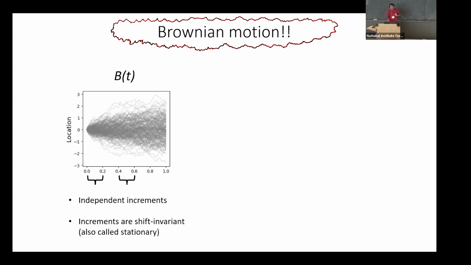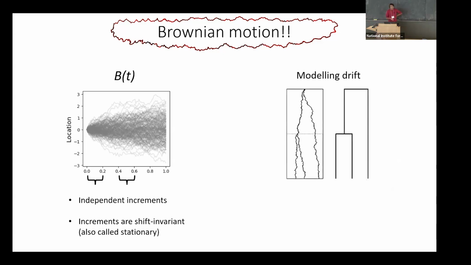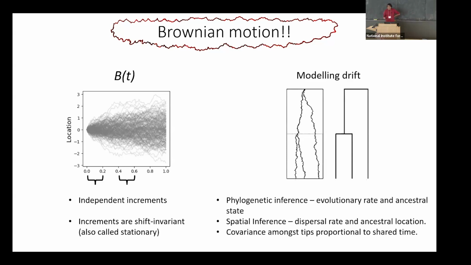Quite often it's invoked to model drift in evolutionary questions, and it's particularly used in inference, because if you have a tree, say a phylogenetic tree between species, you can model the mean trait evolution along this phylogeny as a Brownian motion. These properties of independence mean that the edges are all independent of each other, and all you need is the covariance amongst the tips, which is proportional to the shared time of those species.